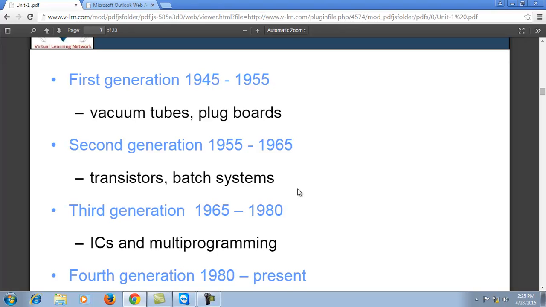We require a number of ACs, a number of cooling systems for working efficiently without any heating constraints. This is the first generation computer which performed their task.